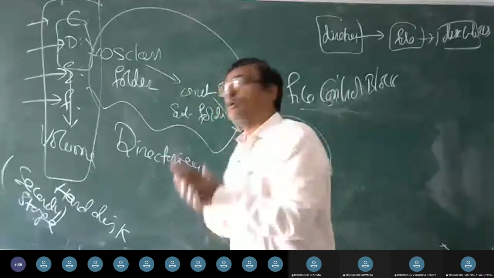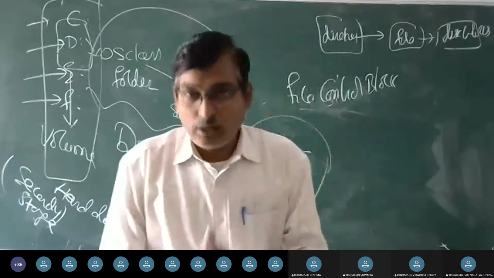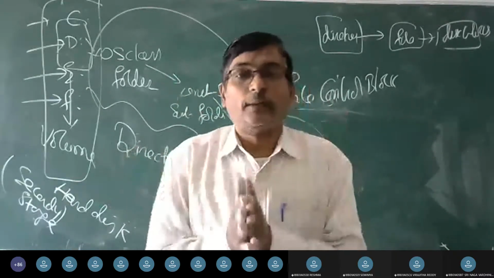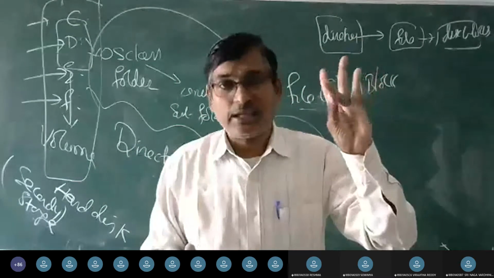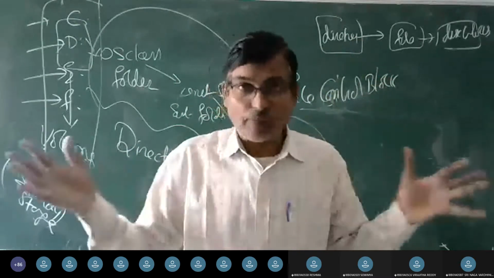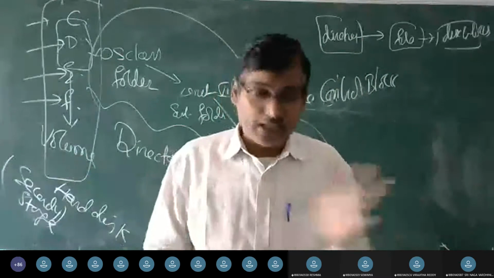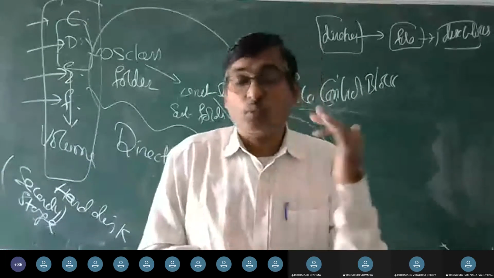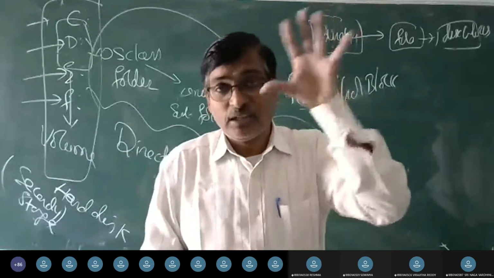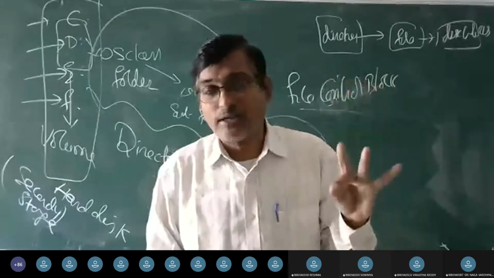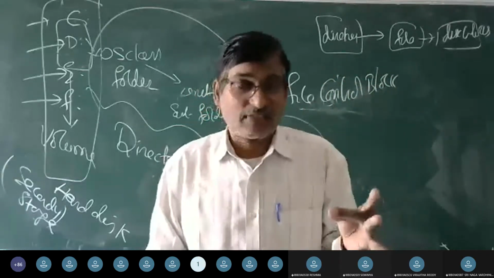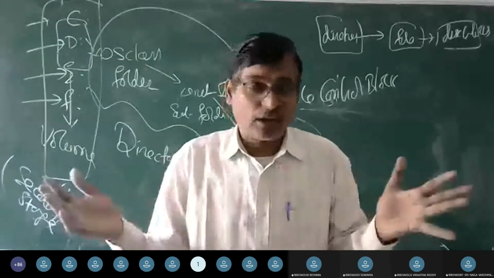In today's class, we have taken up directory structure: single, tree, multiple, cyclic, acyclic, and we had a detailed discussion over that. Next, we talked about the file system: application programs, IO blocks, IO devices, IO drives, file system implementation, and file organization.